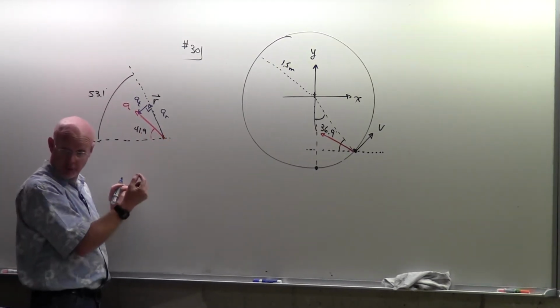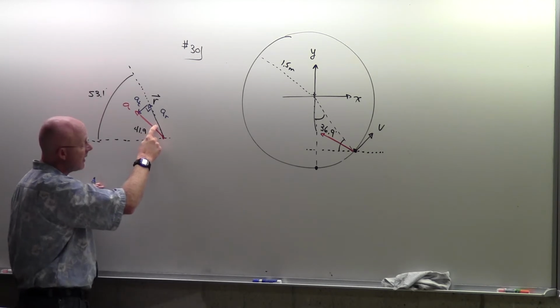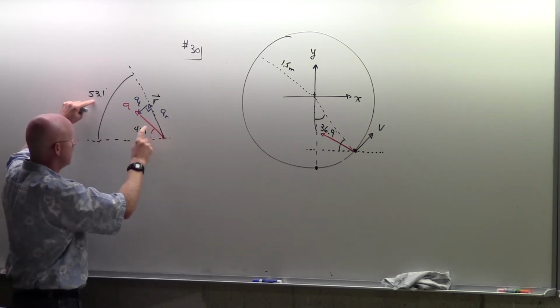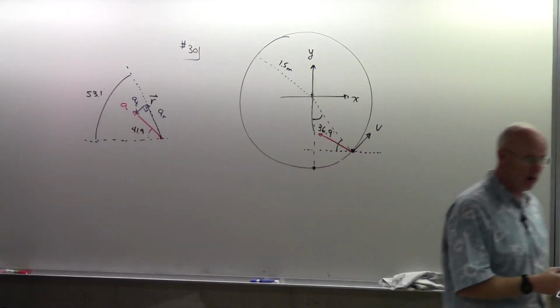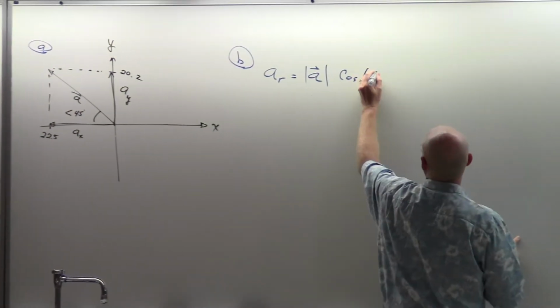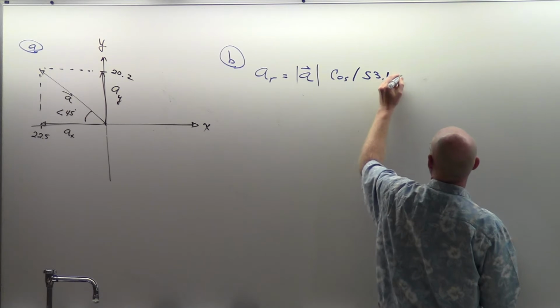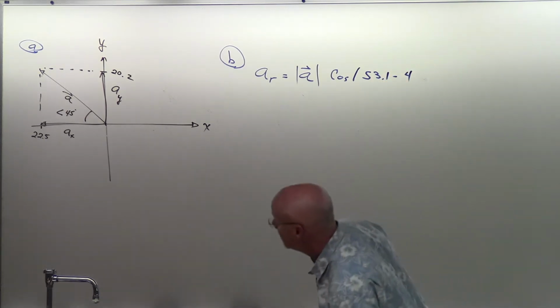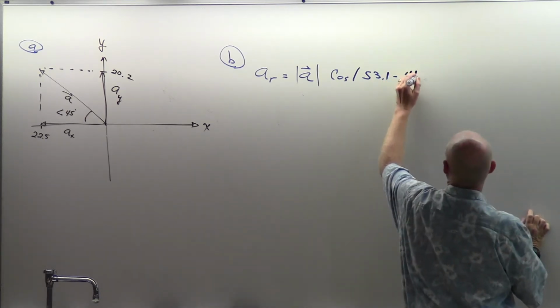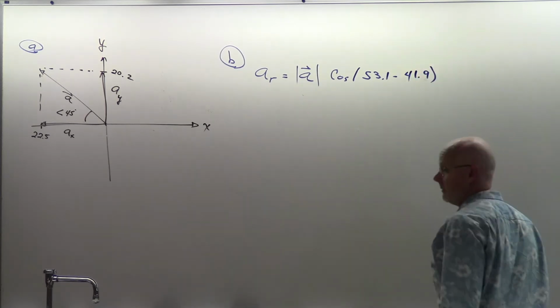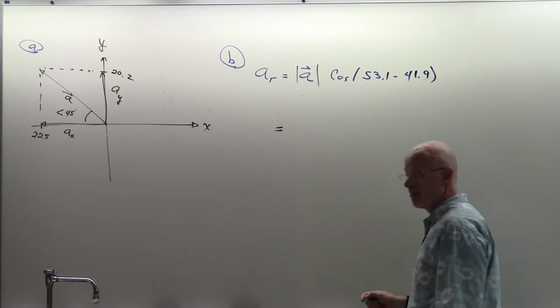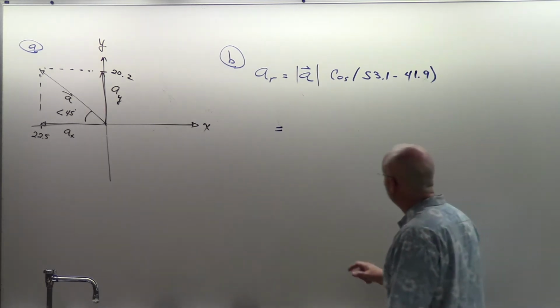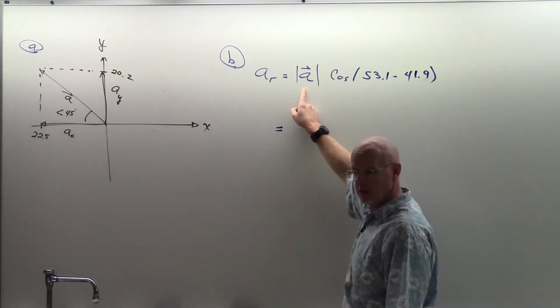This is the chapter 3. What is that angle right in there? Isn't it that minus that? All right, so I want cosine of 53.1 minus 41.9. But how do I get the magnitude of it?